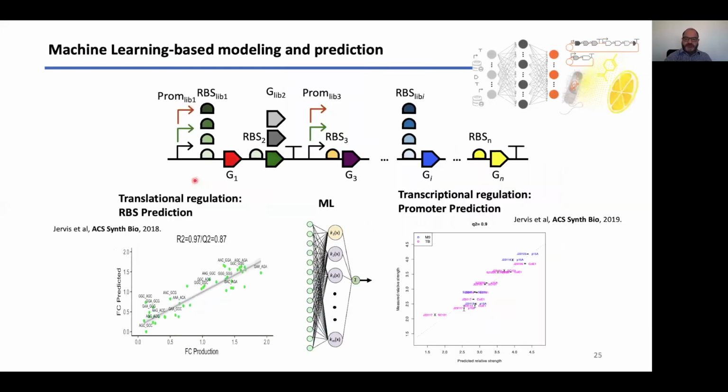And also, another approach, which is quite nice, is to use machine learning in order to improve our DNA design. What you see here is a library that we want to express on a plasmid in bacteria or in yeast, because it will express a pathway.